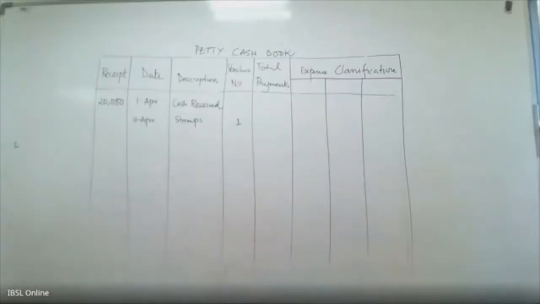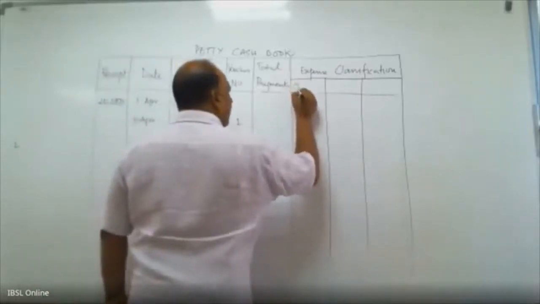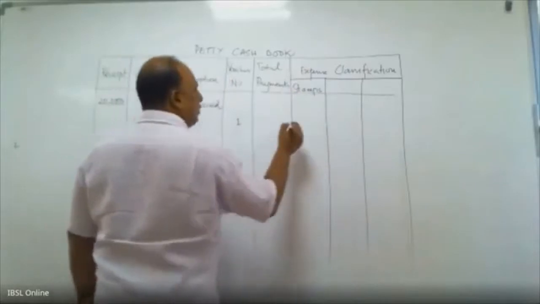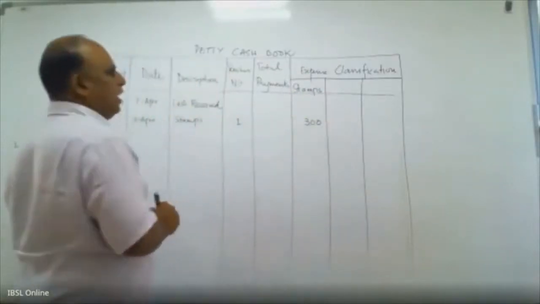The amount that I have paid is rupees 300. Stamps is a particular column for me, so I will write stamps here and put this 300.